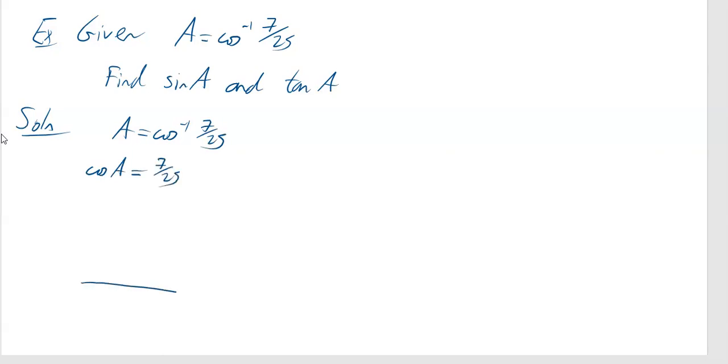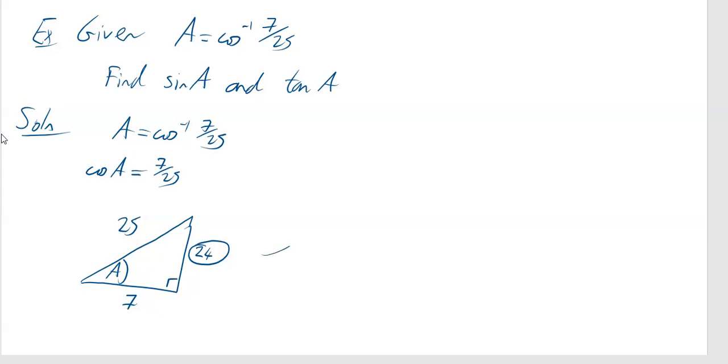Now the easiest way to do this is just to draw a right angle triangle, and you're really using your most basic form of trig, which is your SOHCAHTOA. So mark your angle A. Cos, remember, from SOHCAHTOA is adjacent over hypotenuse, so 7 over 25. Now you may not realize it, but that's a nice Pythagorean triple. 25, 24, 7 always makes up a right angle triangle.